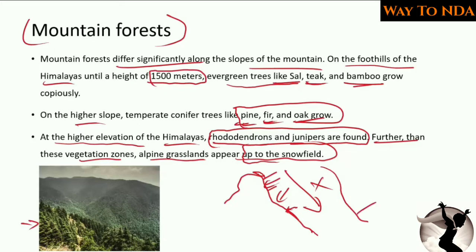At the lower level you will find sal, then teak and then bamboo. Then as you go higher you will find pine, then fir and then oak. Then again as you go higher you will find the rhododendrons and junipers.